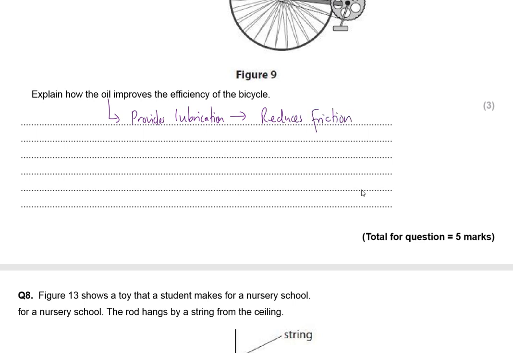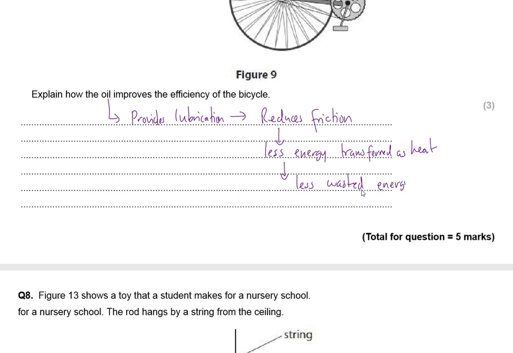Okay, now, if friction is being reduced, what does this mean? Okay, this means that less energy is transferred as heat. So therefore, less wasted energy.